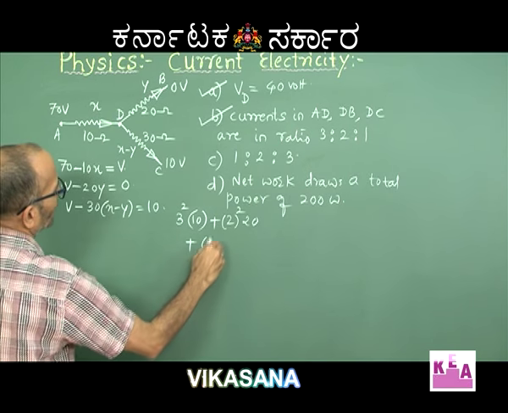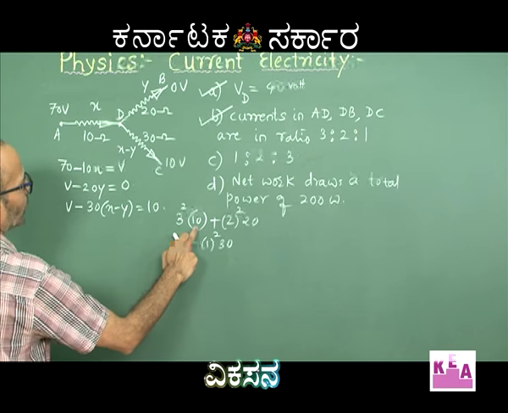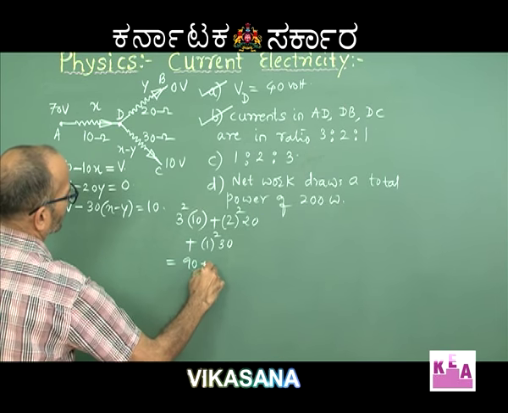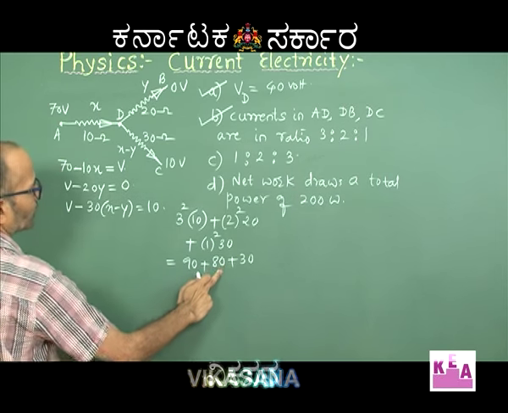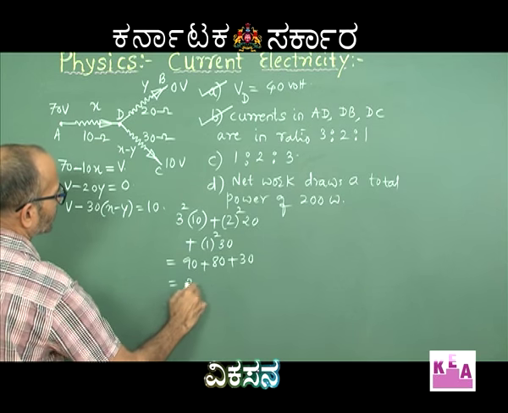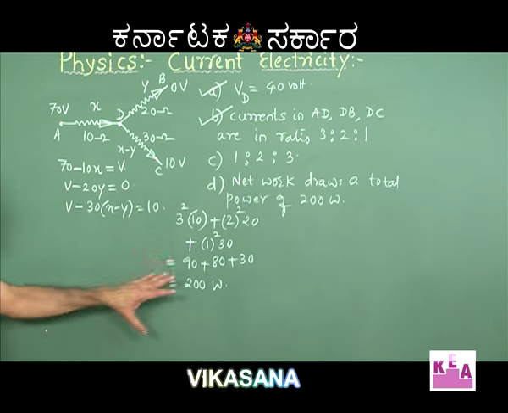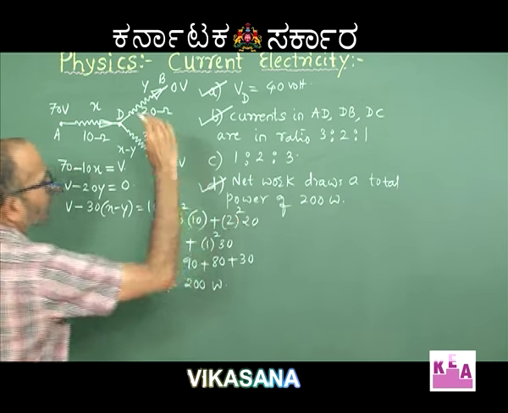So, 1 square into 30, and that makes it 90 plus 80 plus 30. 90 plus 80 is 170, 170 plus 30 is 200. So, 200 watts will be the power drawn by the entire network. So, that makes your option D also perfectly correct.